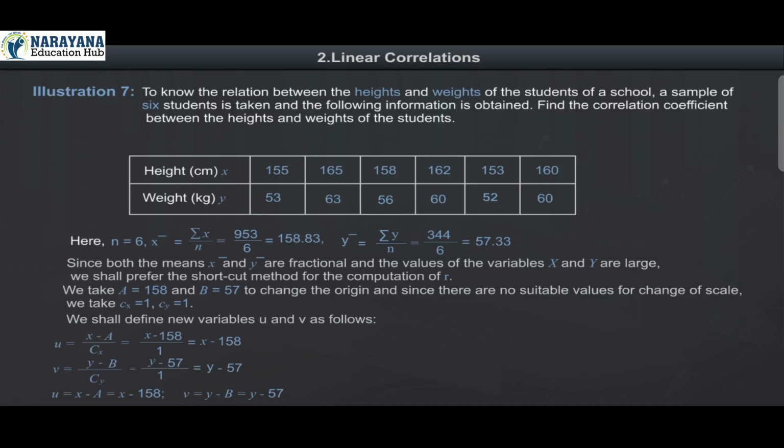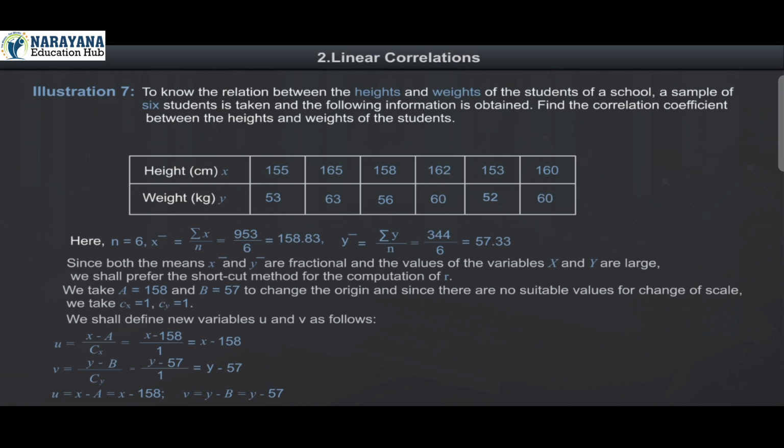U is equal to (x minus a) divided by cx is equal to (x minus 158) divided by 1 is equal to x minus 158, and v is equal to (y minus b) divided by cy is equal to (y minus 57) divided by 1 is equal to y minus 57.